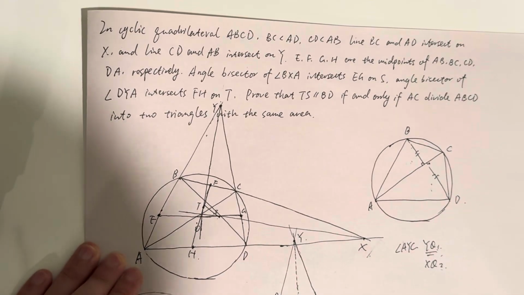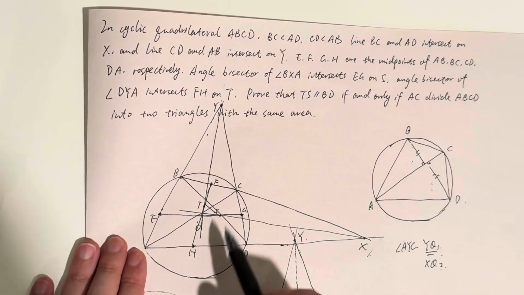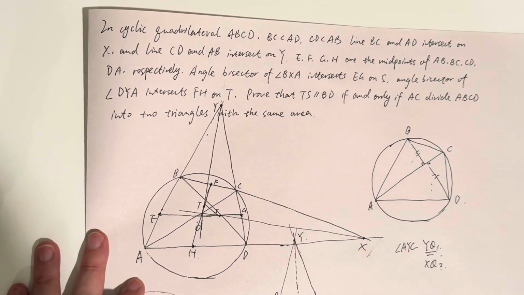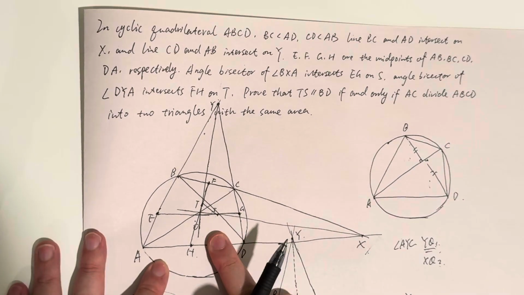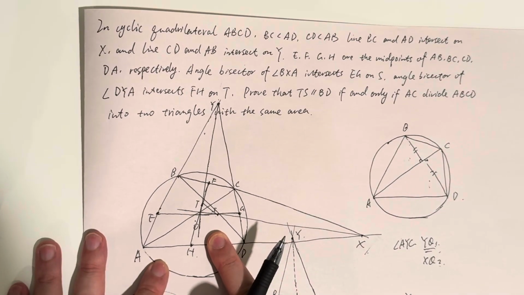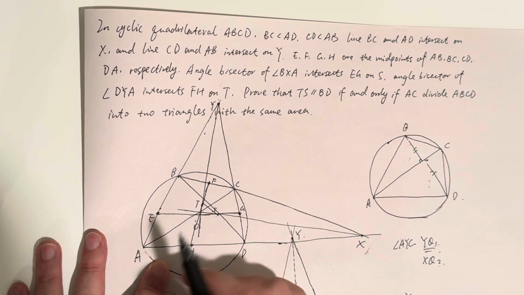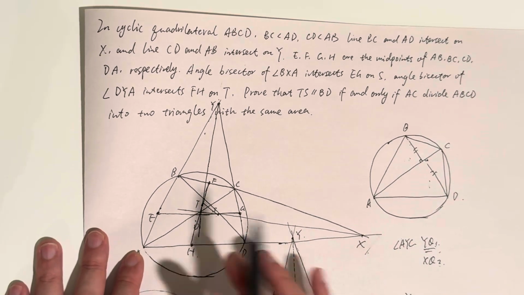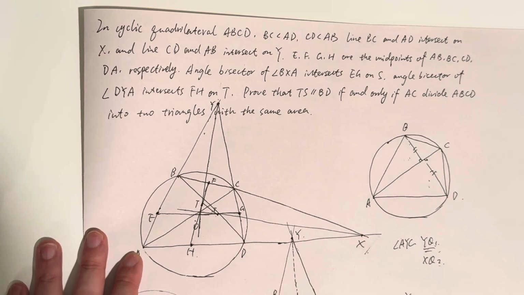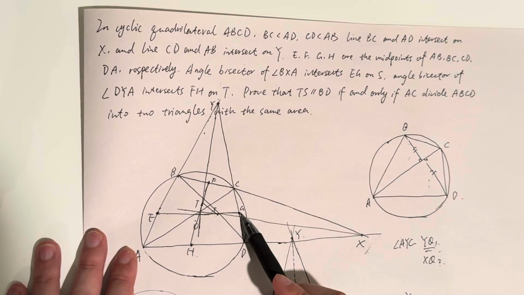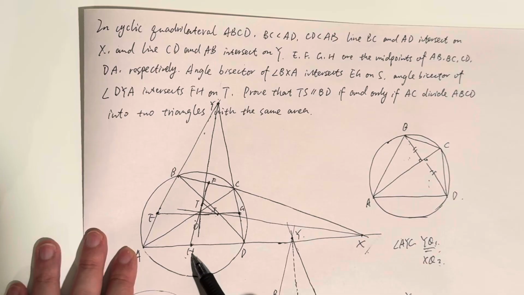The problem is asking us to prove that, I think this figure is not good enough because this point should also be on the AC. I can prove that easily, but let's just use this figure for now. Think about EFGH, right?